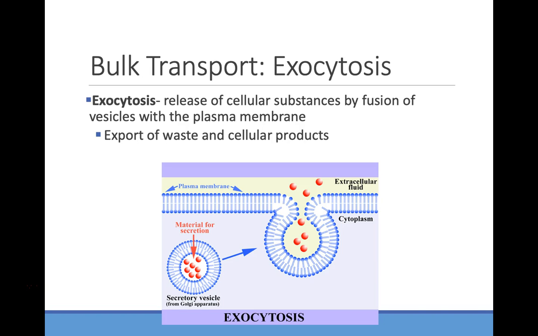When they do, they empty or spit out their contents into the extracellular fluid. This is how waste is removed from the cell. This is also how cellular products that are produced in the Golgi apparatus are released from the cell. Sometimes the cell is producing things that need to be used outside of that cell in the bigger organism, and this is one way that those products are removed from the cell.